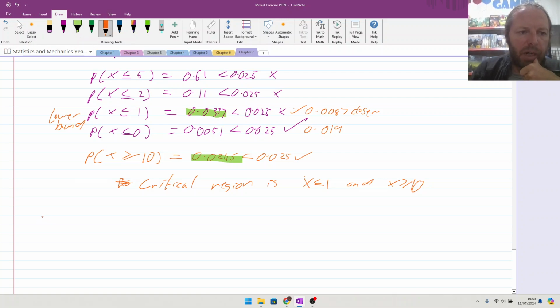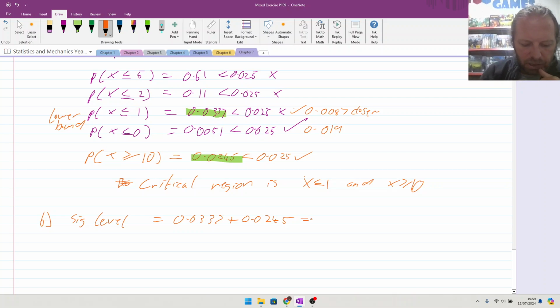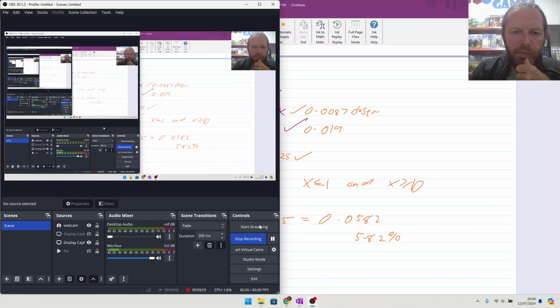So for part B, the significance level will equal 0.0337 plus 0.0245, and that should be an actual significance of 0.0582, so 5.82%. Okay.